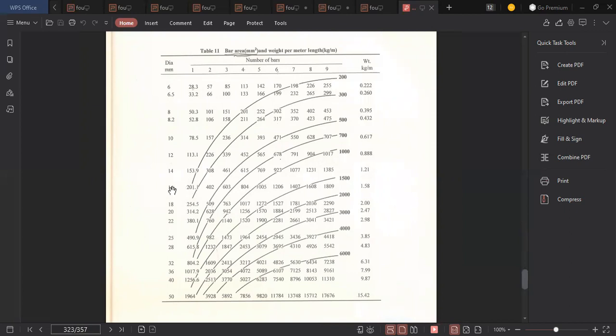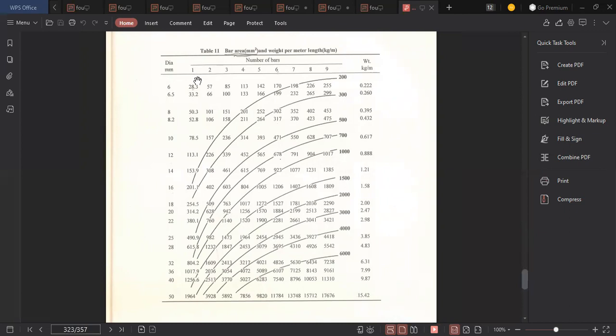This is 16 by 1, and for 16 by 1 the area is 201.1. But the area which you want to meet is about 4,300 and something.